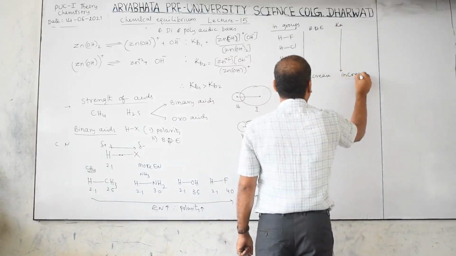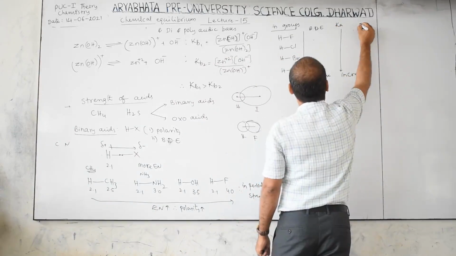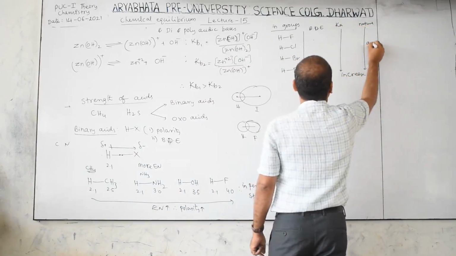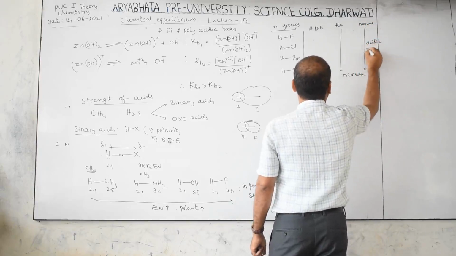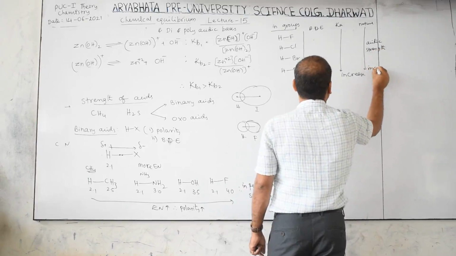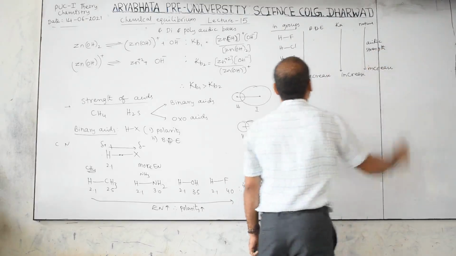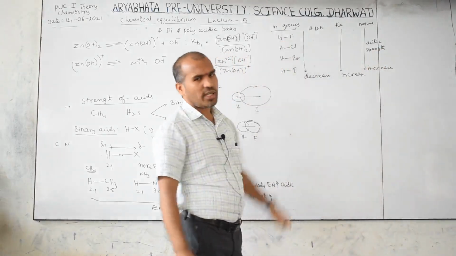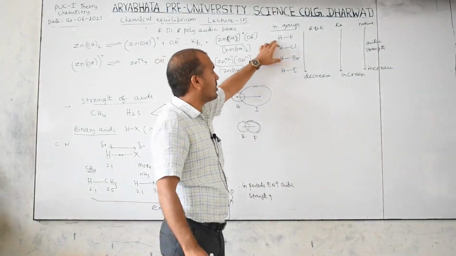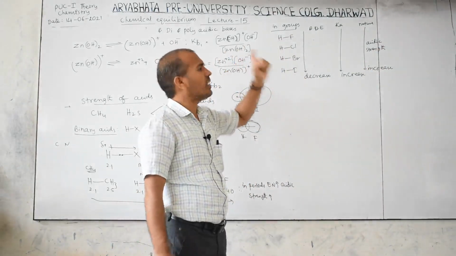When the Ka value increases, acidic nature and acidic strength increase. So this is a strong acid, this is a weak acid. Already I told you there are nearly 6 strong acids; these 3 are there, this is not, so this is a very weak acid.